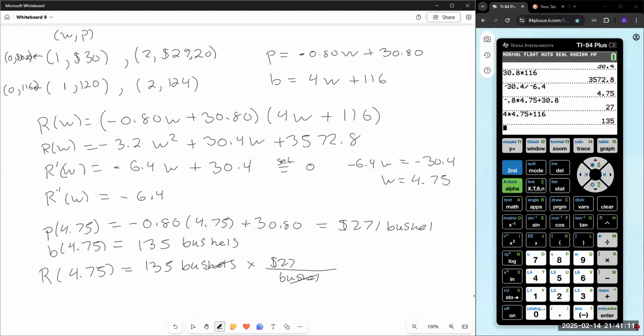Maximum revenue will be 135 times 27, which is $3,645 in revenue for this farmer's crop.